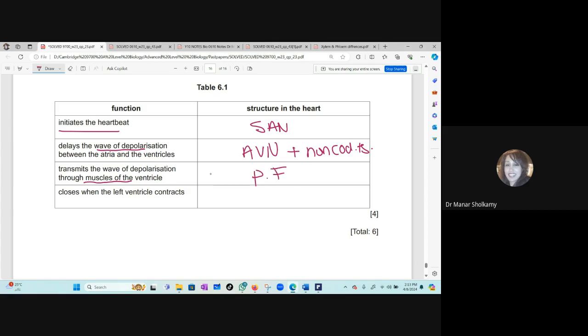And what closes when the left ventricle contracts? The atrioventricular valve on the left side. You know its name now: the mitral valve.